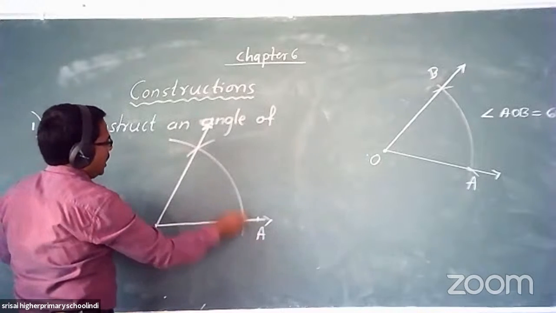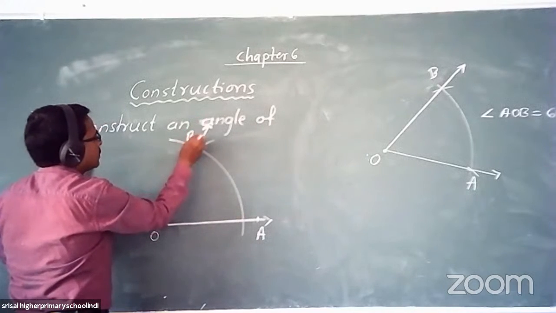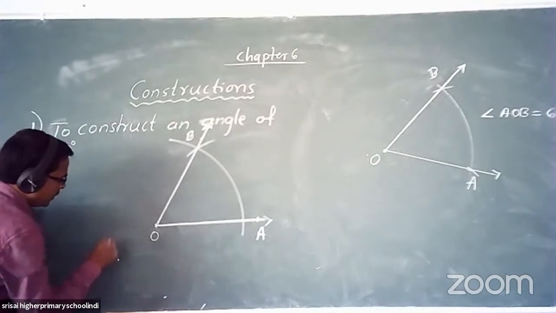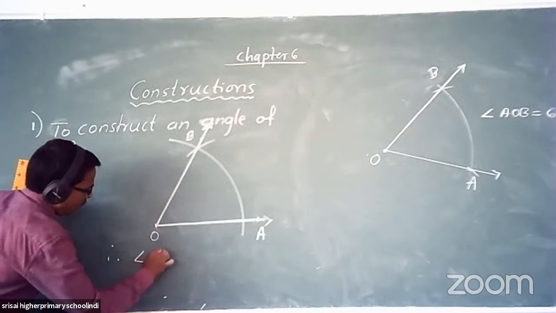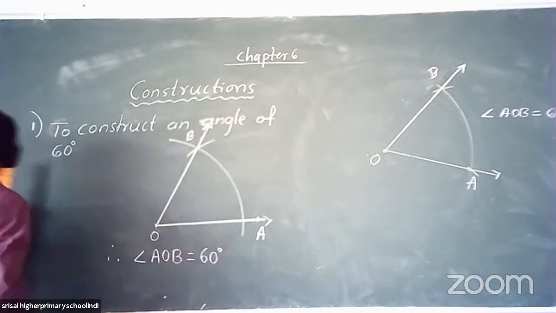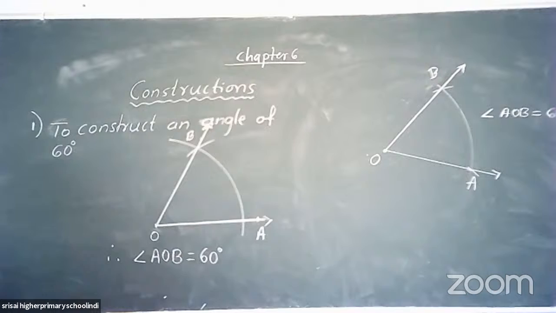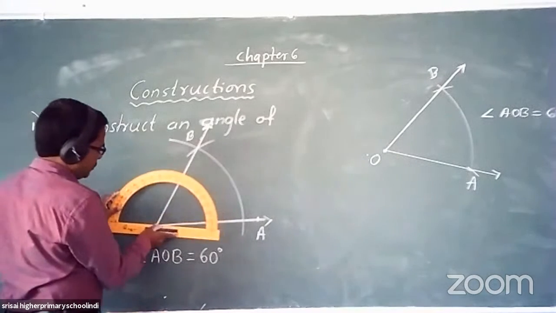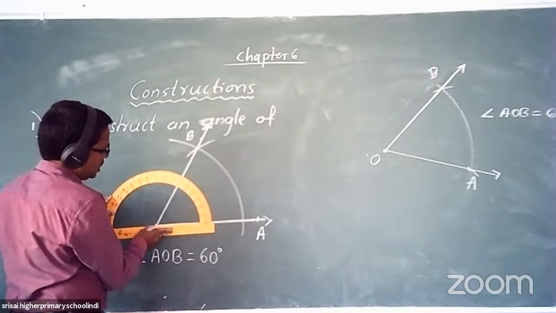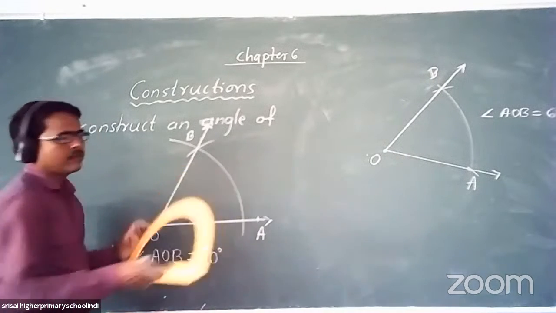It is OB. You can call it B. So now angle AOB is equal to 60 degrees.